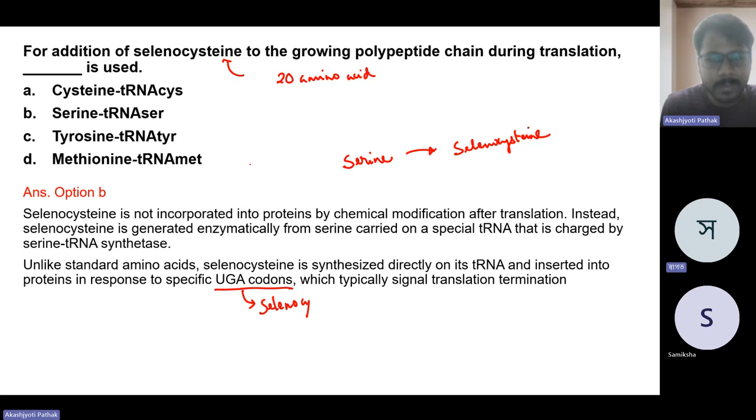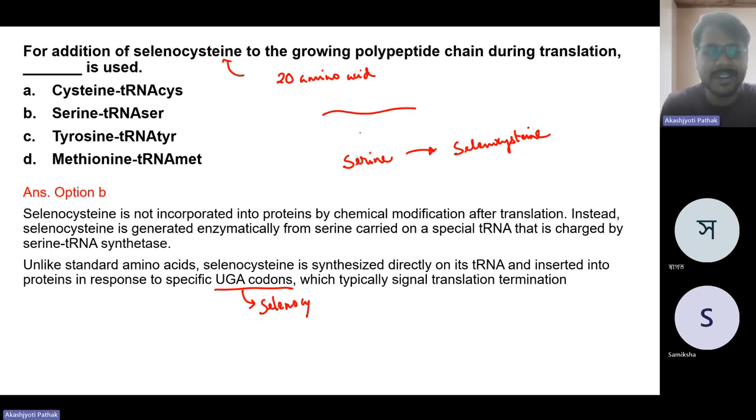But for UGA, will selenocysteine come or not? If UGA is present in between the codons, will it code for selenocysteine, or will translation stop? How is it decided?